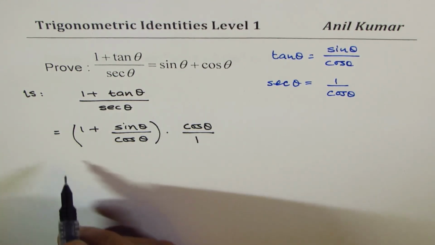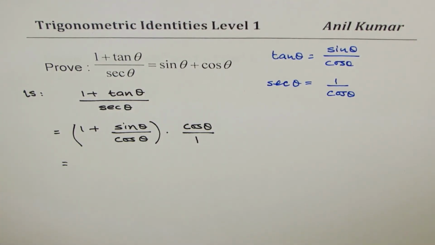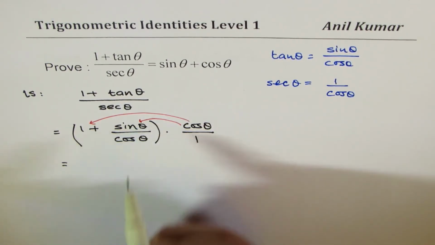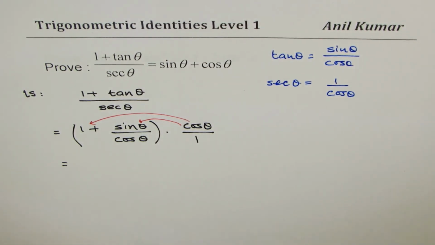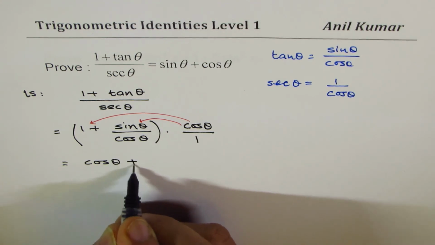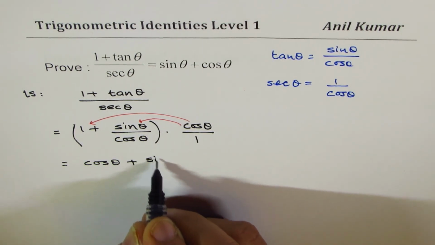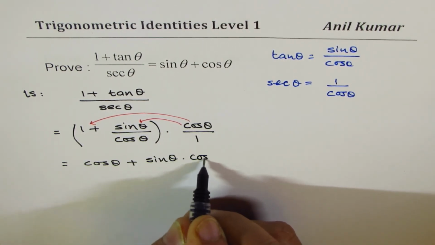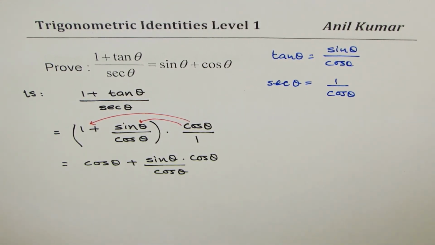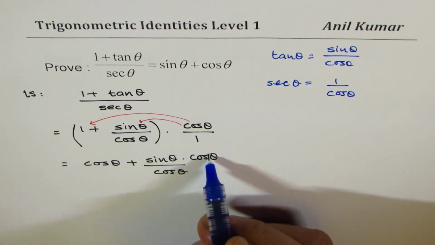Now you can open the bracket, applying the distributive property, right? So when you open the bracket, cos theta will get multiplied with 1 and with this term. And what do you get? Cos theta times 1 is cosine theta, plus here you get sine theta times cos theta divided by cos theta, right? Cos theta and cos theta cancel.